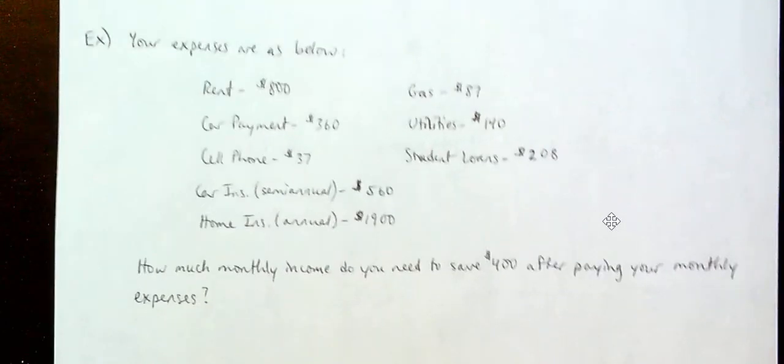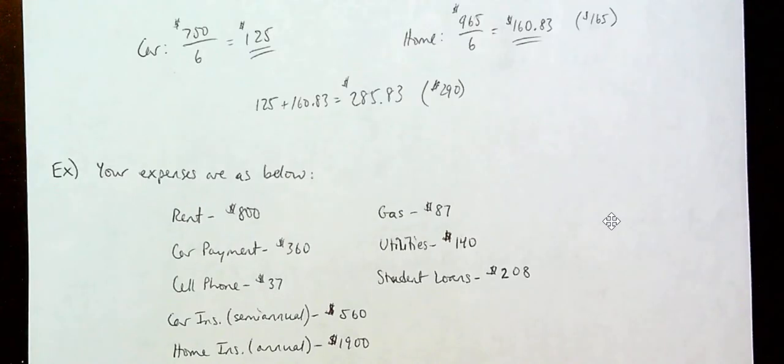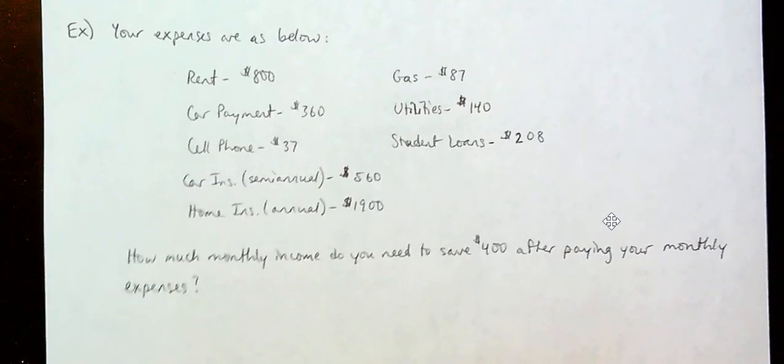So here's our very realistic problem here. It's fairly easy to calculate what your expenses are going to be for each month, or in the case of homeowners insurance and car insurance, given the problem we just solved, it's pretty easy to calculate those.